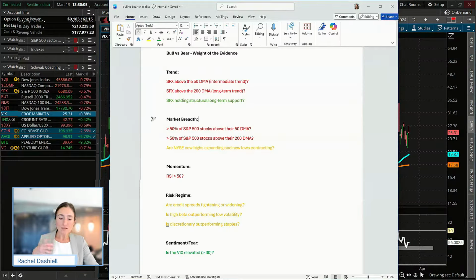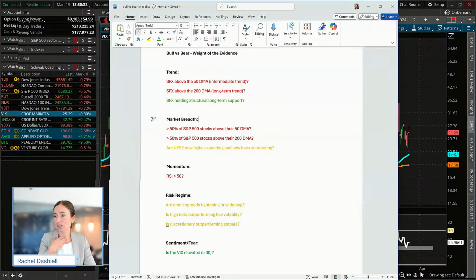Now, in the third type of environment, if we start to see our weight of the evidence tilt even more towards bearish signals, bearish evidence, when we have a lot of red on the screen, that is really when we're going to see breadth contracting aggressively. We're going to see a downtrend or a true bend in the trend, a break of the trend.